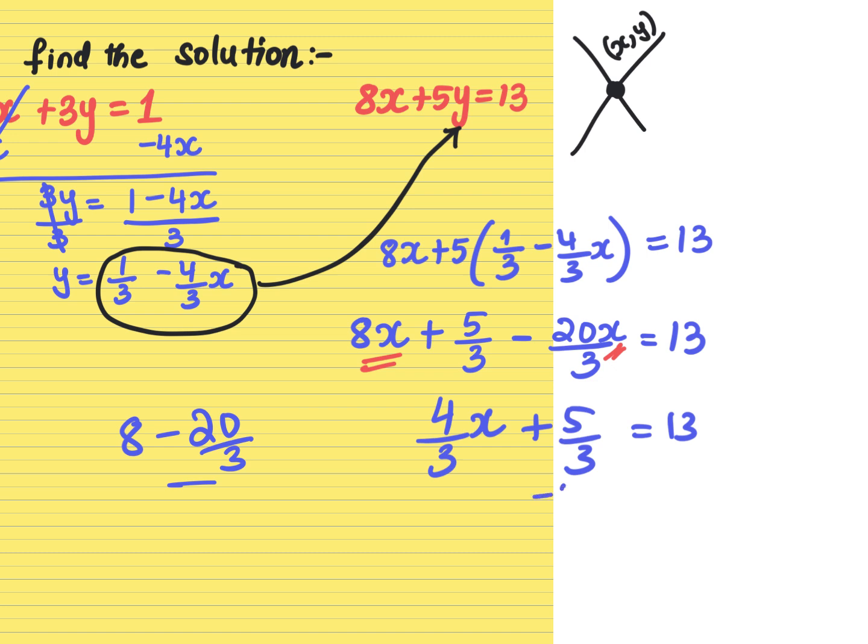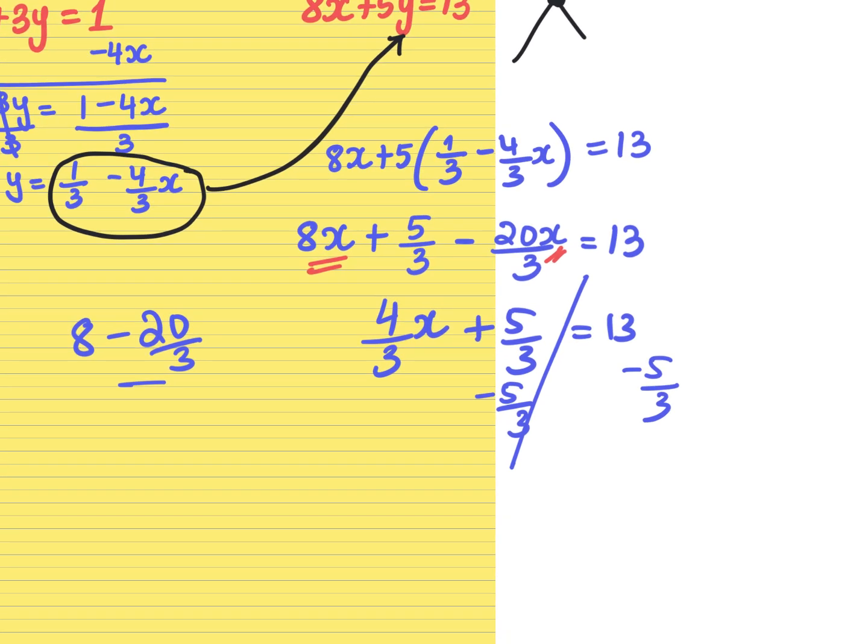As you know, whenever we are moving across the equal sign, we need to change the sign. So you have 4 over 3x on one side. What do you get? 13 minus 5 over 3. So type in 13 minus 5 over 3 in your calculators.